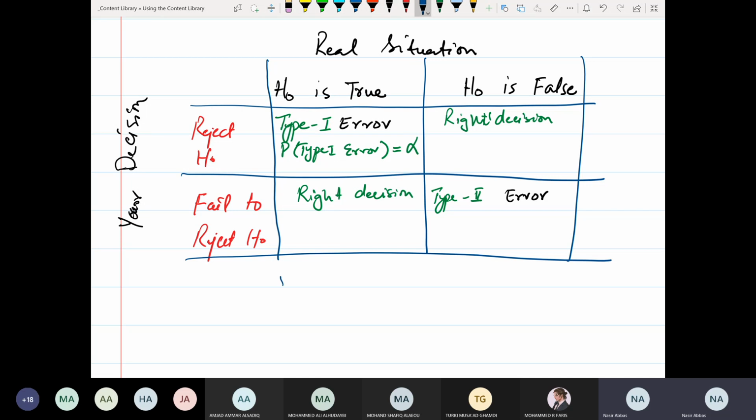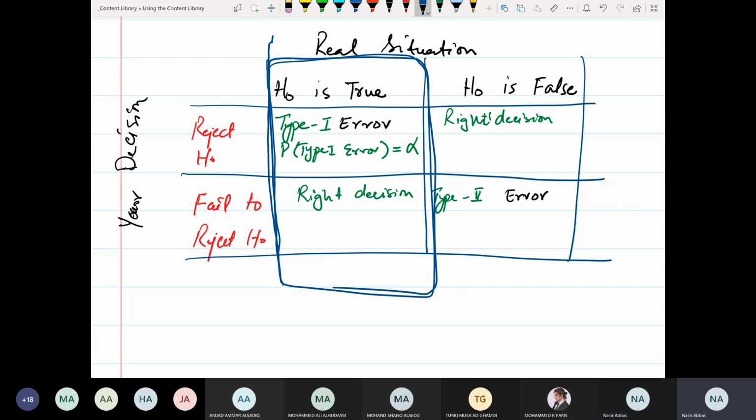When your H0 is true, the probability of rejecting it is alpha. What is the probability of not rejecting? 1 minus alpha. The complement.